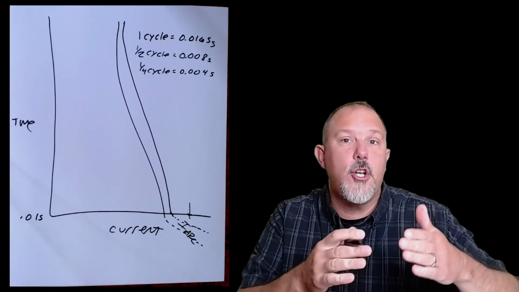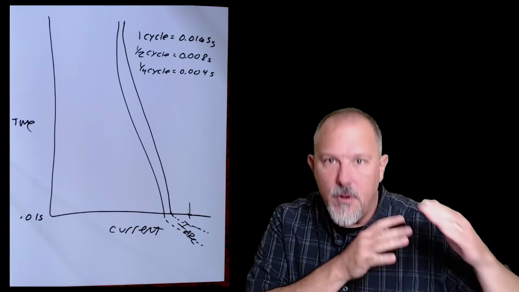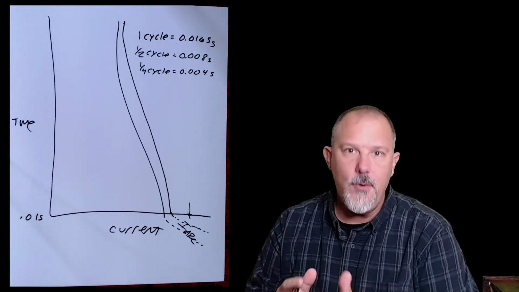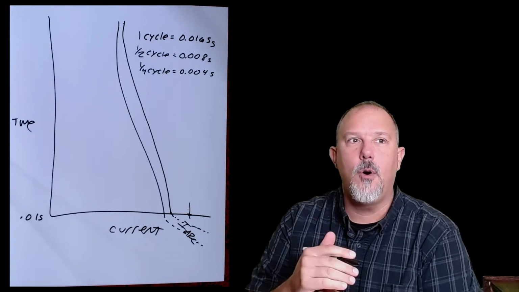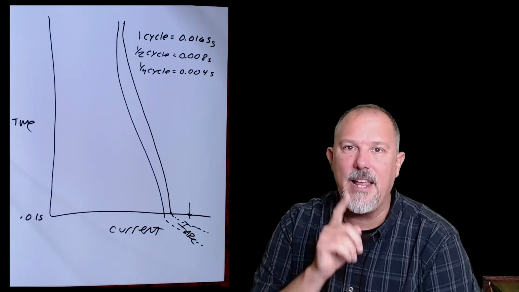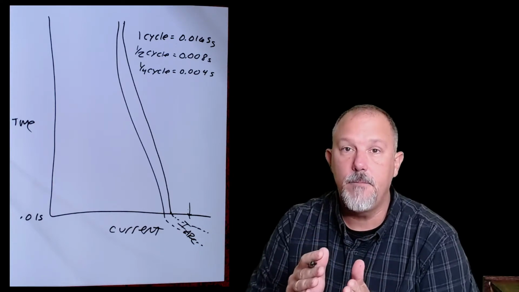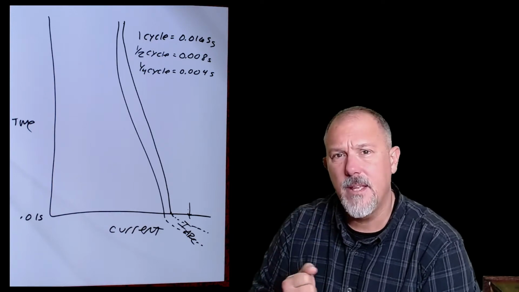The available fault current is the available fault current. It will always be the available fault current. What you are doing is reducing the amount of time you are letting that fault current be present on the system. Hopefully that makes sense.